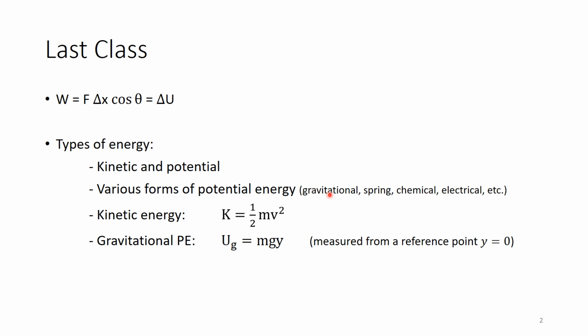In this class, we'll be studying gravitational and spring potential energy. The equation for kinetic energy is K equals half times mass times speed squared. And the equation for gravitational potential energy is Ug equals mgy, where y is the height measured from some reference point, which we call y equals 0.